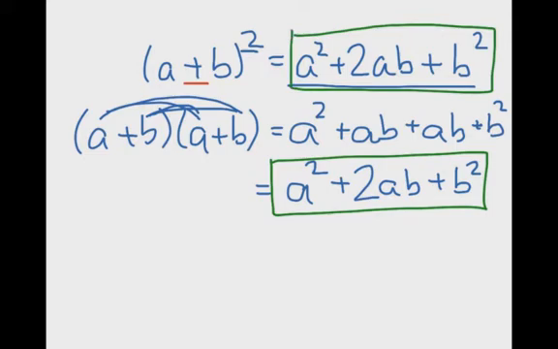So you can either choose to remember the identity, or you can always just distribute it out, whichever you prefer. Now we're going to do an example: 2x plus 5 squared.